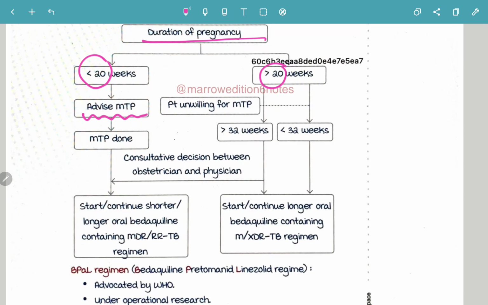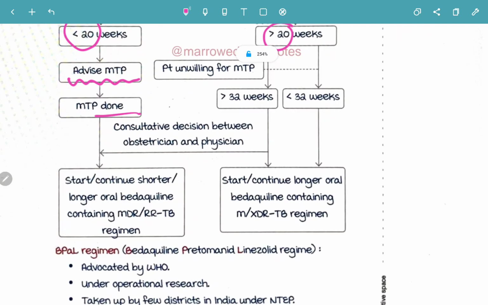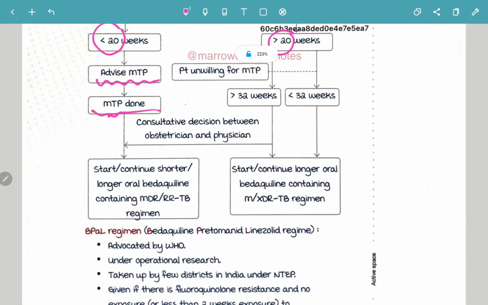MTP will be done, and after MTP is done, you need to start or continue the shorter or longer oral bedaquiline containing MDR or rifampicin resistant TB regimen.